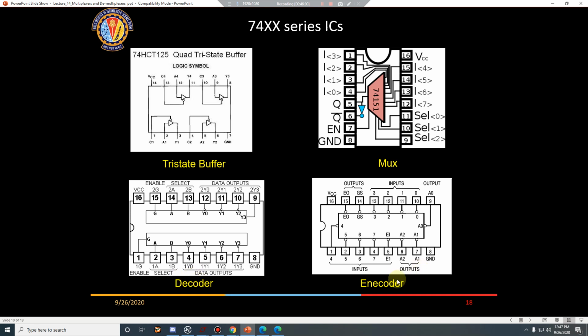The IC number was written below, but in your LTSpice you will have all these ICs available. So in case somebody wants to simulate and test it out, you will be able to. In the tutorial I have put a few more examples. I have uploaded the tutorial also without the solution, so maybe you can try it out, and if there is any doubt, it will get cleared in the subsequent tutorial classes.